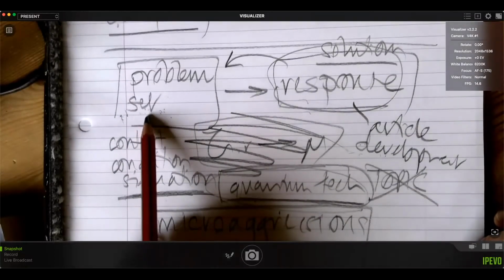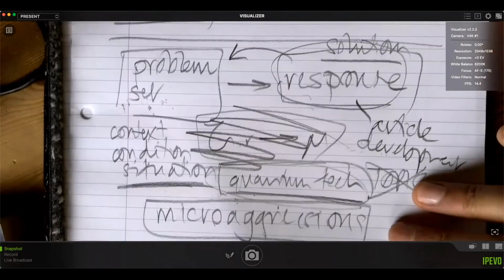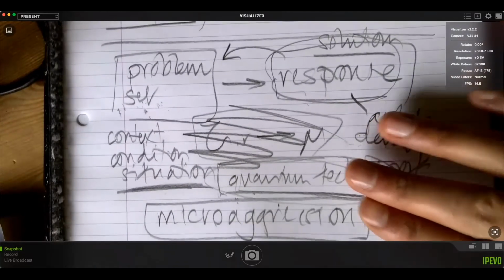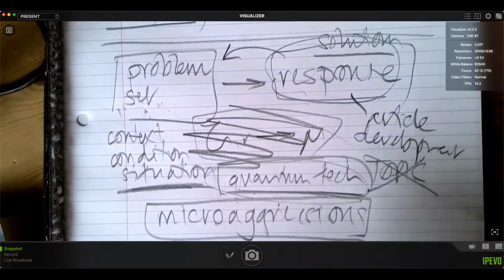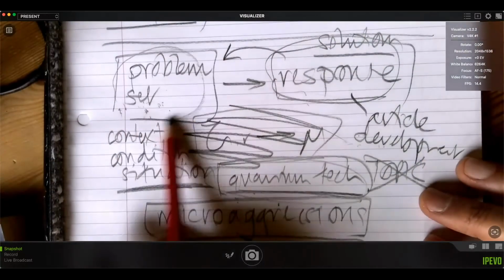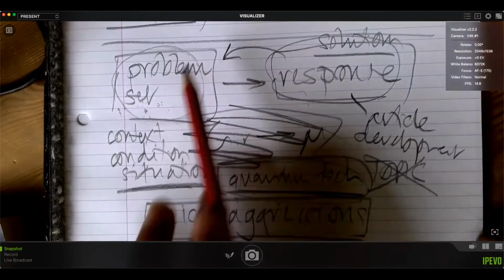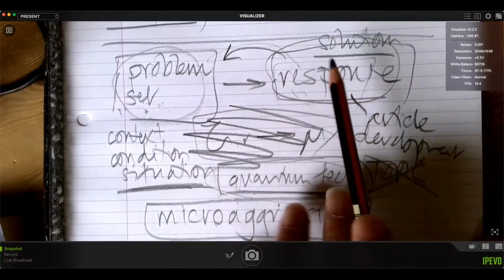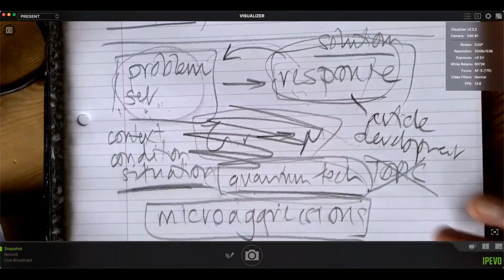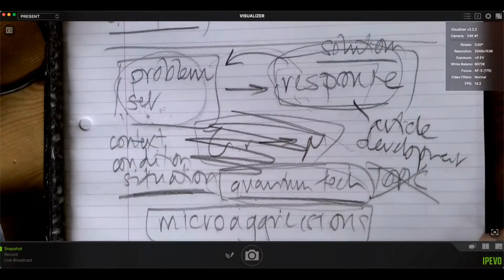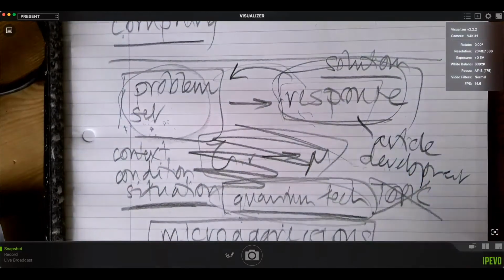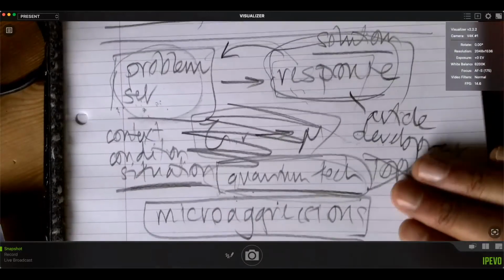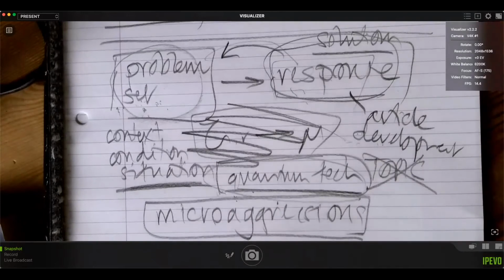What they'd ended up doing, and you'll find this when you dig into research material, people end up with a problem set, cutting stuff out, shifting it out of the way, so they reduce the problem set to manageable size, then they propose a solution or a response to it. So what I'm trying to get at is that when you're trying to unpeel an article in order to analyze it, what I'm describing to you is an analytical process, right?